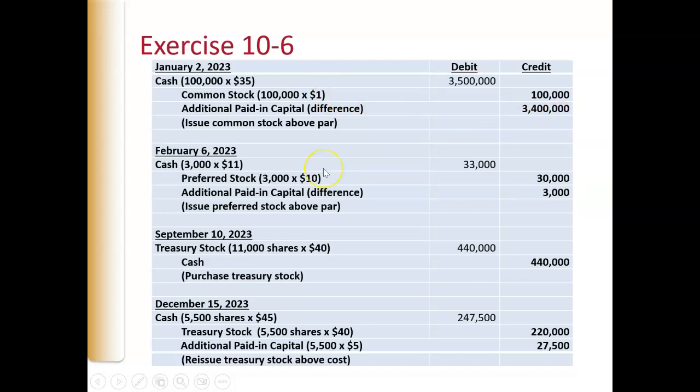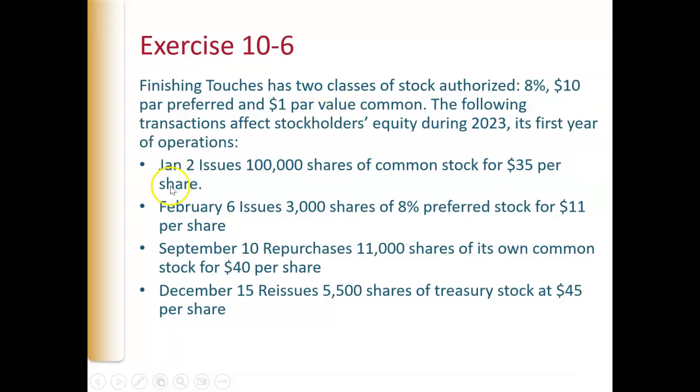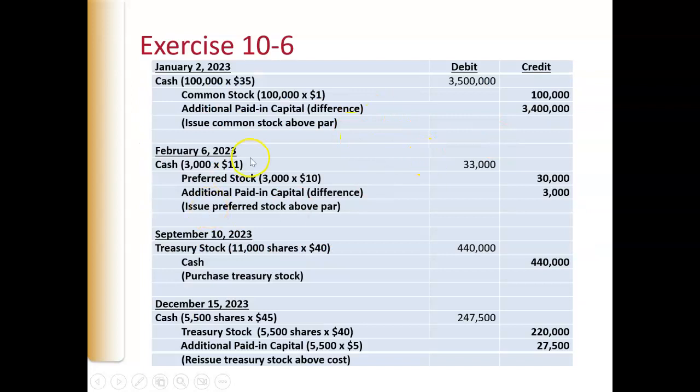Okay? On February 6th, we issued 3,000 shares of 8% preferred stock for $11 per share. But what's our par, guys? 10? See, it's 10? So we'll debit our cash for the full amount. We credit our preferred stock for the 3,000 shares at $10 a share, the par value, and we credit additional paid-in capital for the difference.